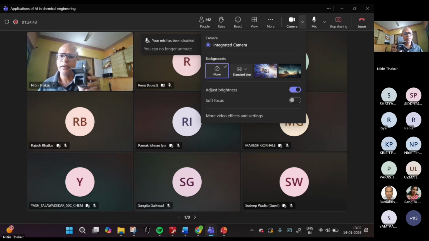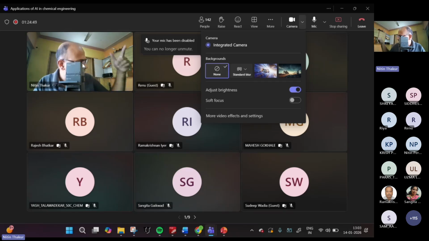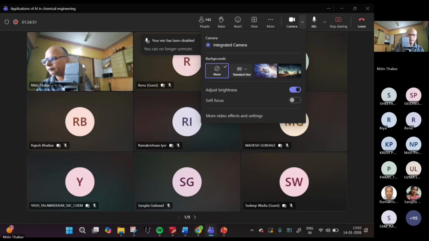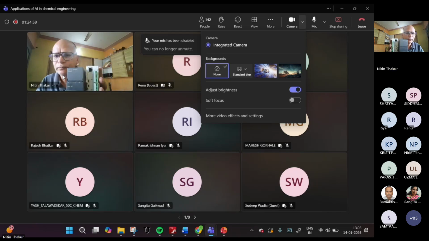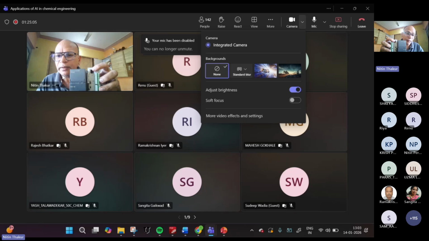Now this PLC is connected by another piece of hardware, and I'll just use the word PLC to make it simple.